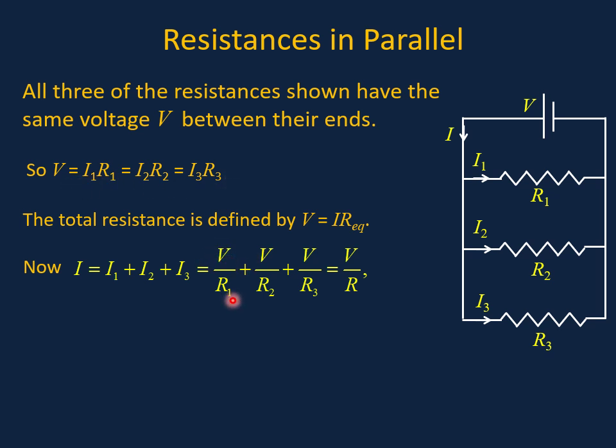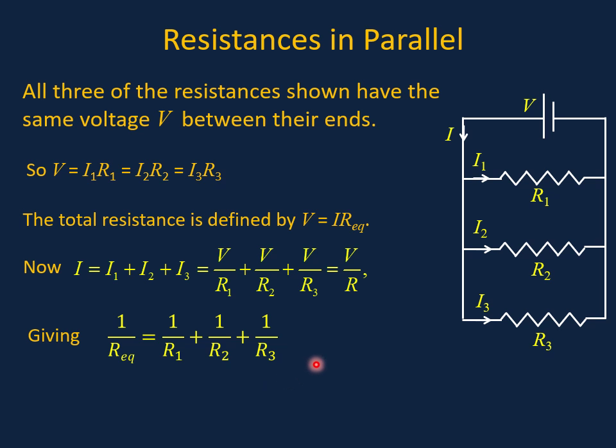So I1 is V by R1, etc. And we write that as V by R equivalent, giving us the relation that 1 over R equivalent equals 1 over R1 plus 1 over R2 plus 1 over R3.